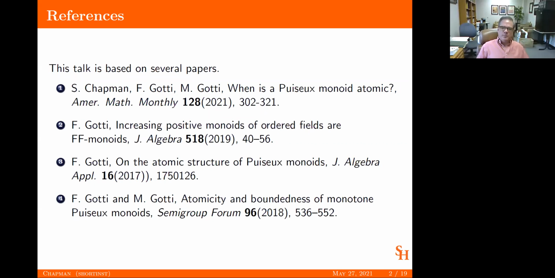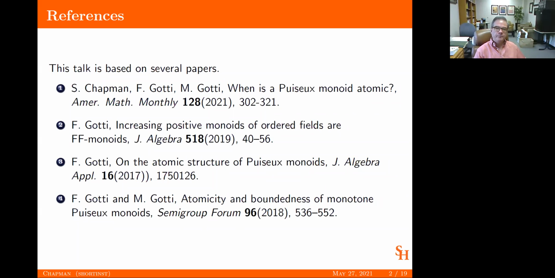It's actually probably a little more technical than most of the papers you see in the monthly, but I think the people watching this talk would certainly enjoy it. There's 2 papers by Felix, one in Journal of Algebra, one in Journal of Algebra and its Applications, and a 4th paper by Felix and Marley that's in the Semigroup Forum. And everything I'm going to talk about here this morning in one shape or another is in one of these 4 papers.